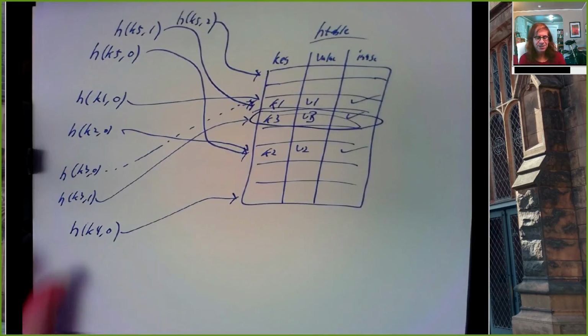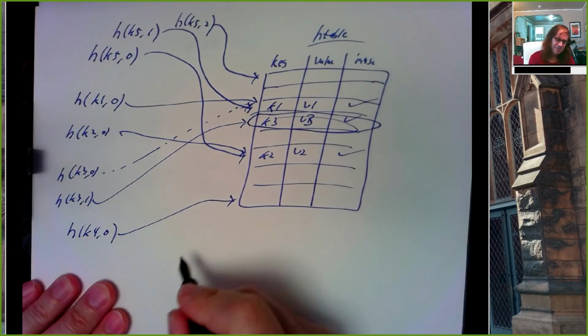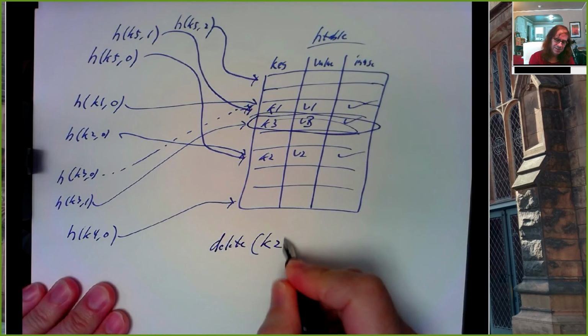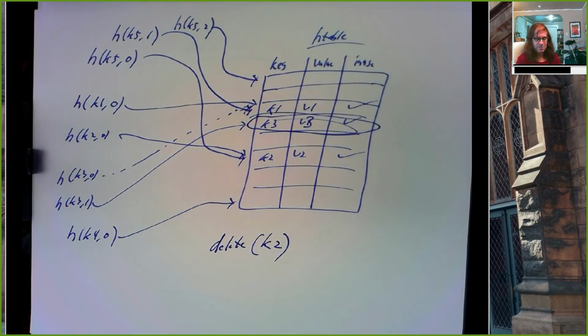Alright, how do we delete? Let's say I want to delete key 2. So what should change in my hash table?